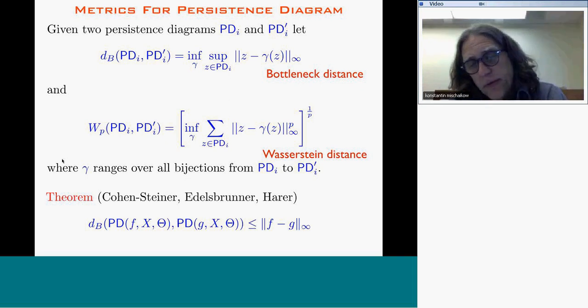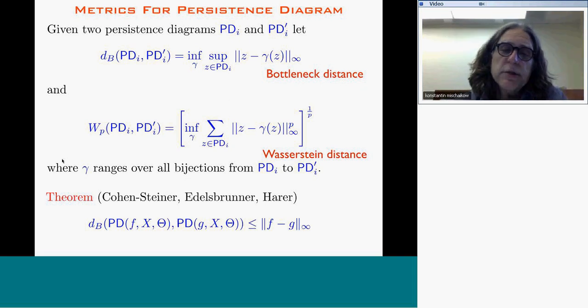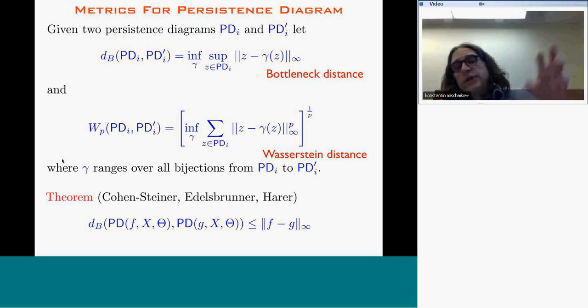This is fundamental because it says that if I think of F and G as functions, so I'm in function space, and I'm using the L infinity norm in that function space, then the map to persistence diagrams is a Lipschitz continuous map. So that says that this relation that we have is a continuous map.